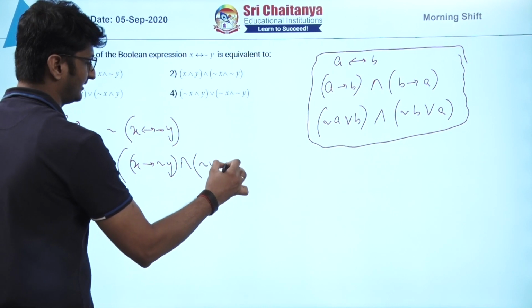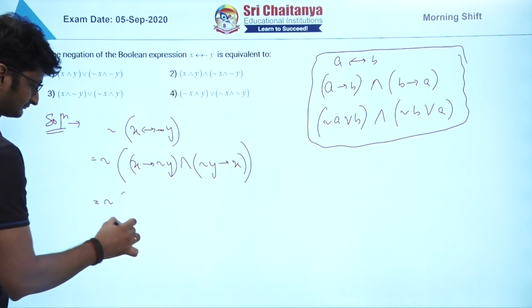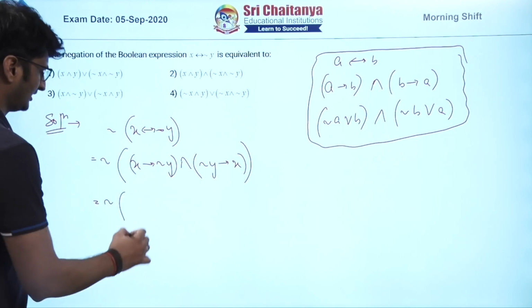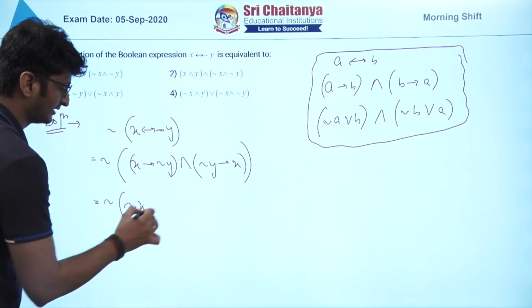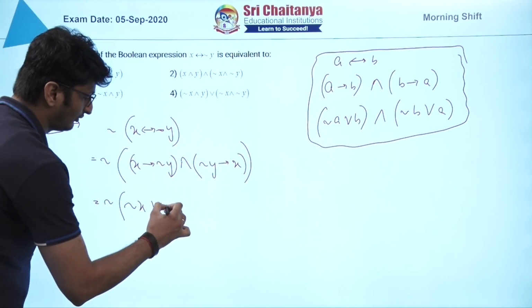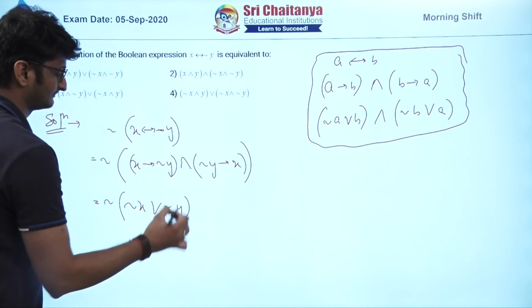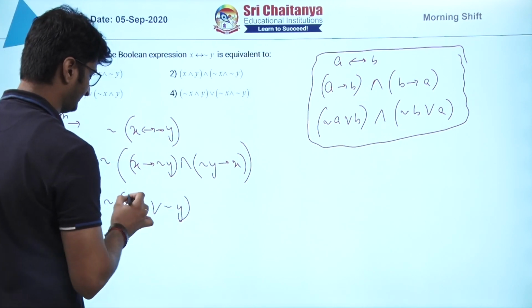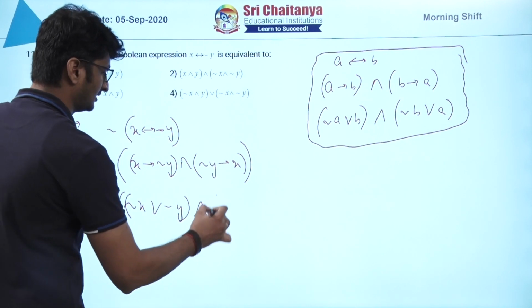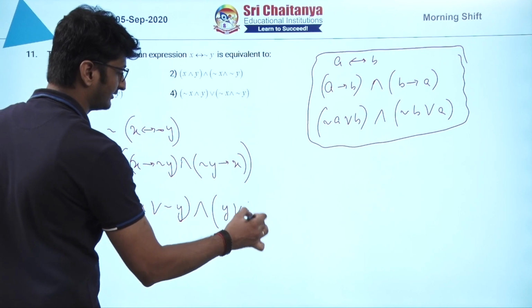Negation of Y implies X. This will open as negation of X union negation of Y, correct, intersection, negation of Y is Y only, union X.